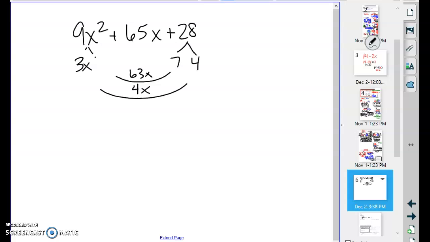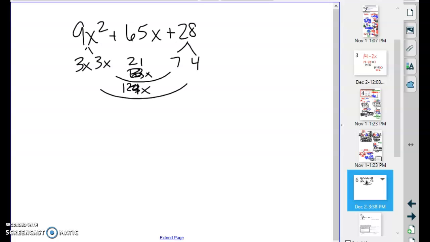If I went 3x, that gives me 21 here and 12 here, but that's not going to get me where I need to be. Could I go 2 and 14? I'm not sure. So I'm actually going to stop and Desmos it and see if this comes out with any nice roots. And the answer is nope.